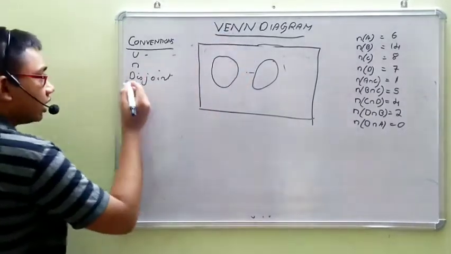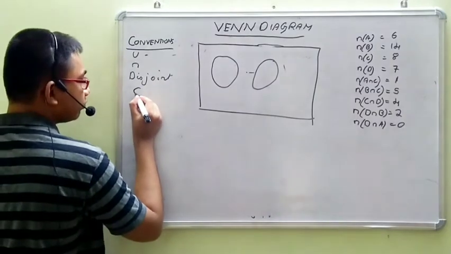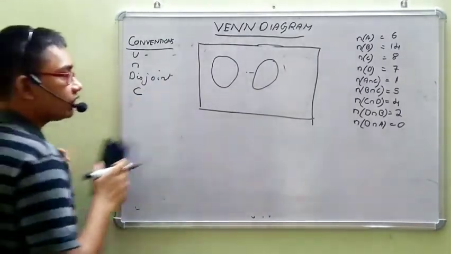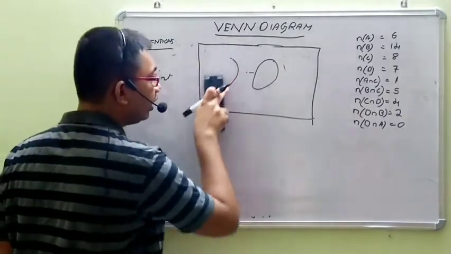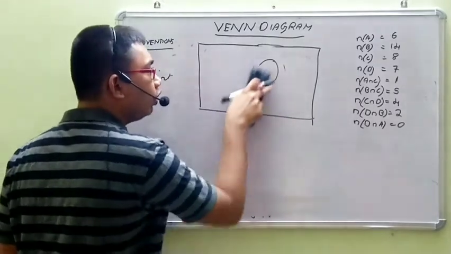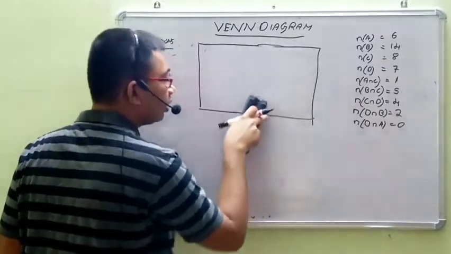Now the subset convention, that is, if A is a subset of B. What do we mean by A is a subset of B?